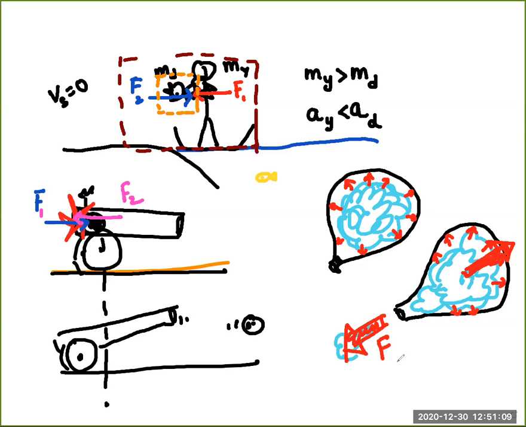This is the force on air. And this one over here is the force on the balloon. So because there is a net force on the balloon, the balloon is going to start accelerating in this direction.